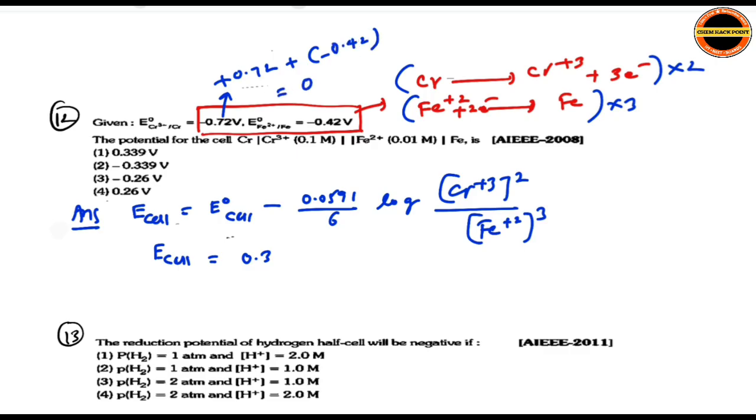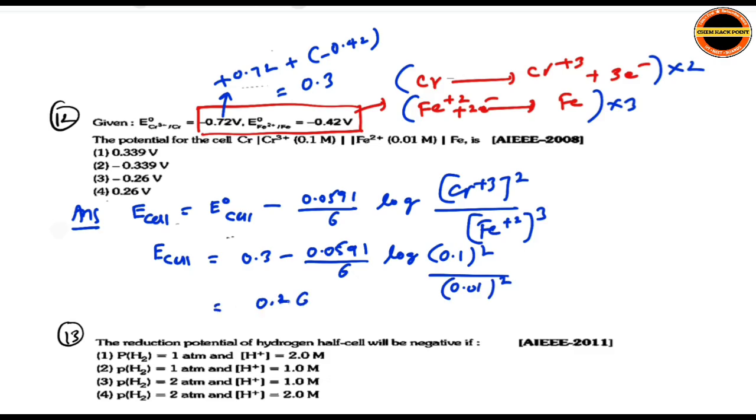The same value 0.3 I substituted here, 0.0591 by 6. So log of 0.1 whole square, 0.101 whole square, whose value is equal to 0.26. Option 4.